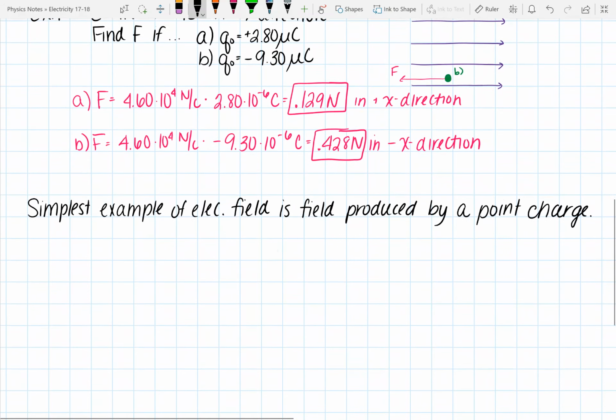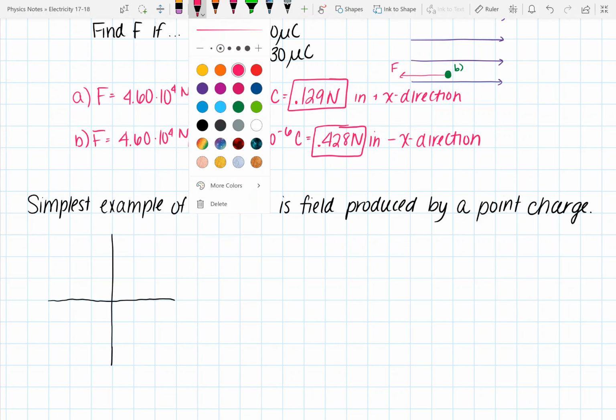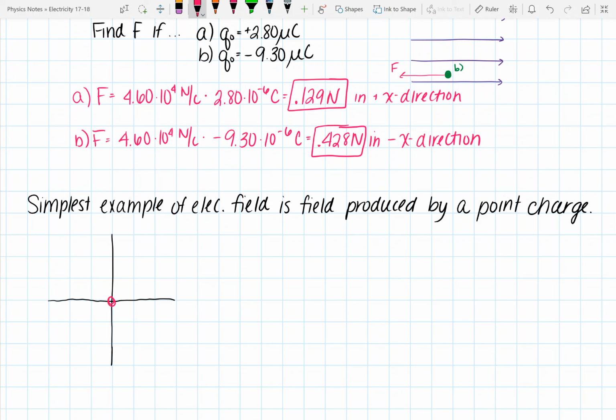So, if I have a positive charge Q at the origin, on this little graph, I'm going to say it's positive, okay?